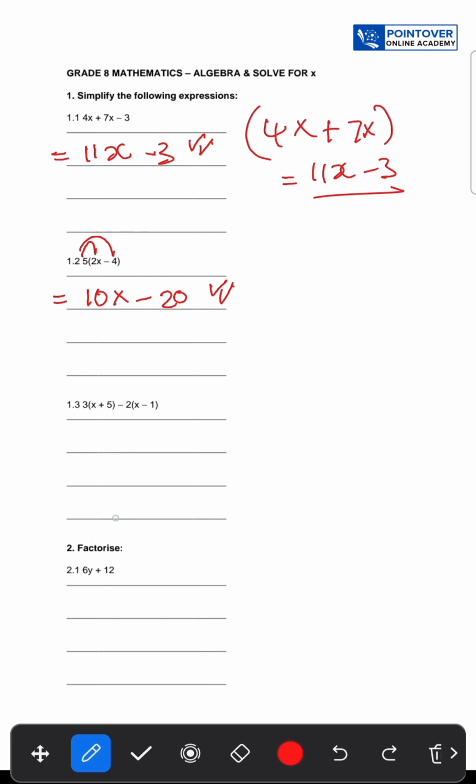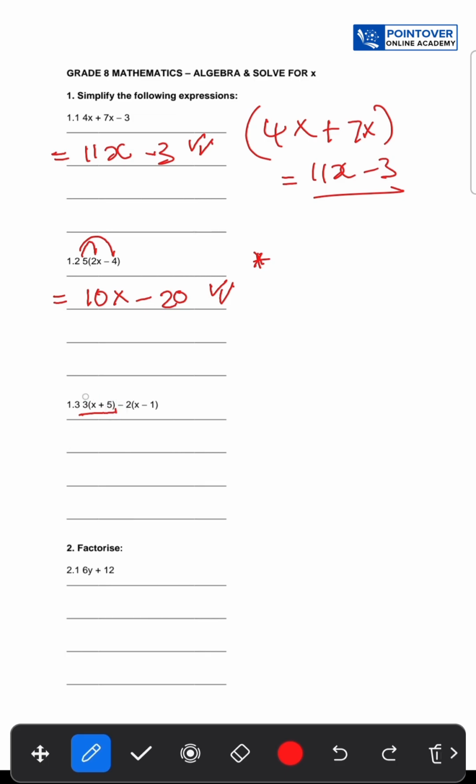Let's move to 1.3. So 1.3 is 3 open bracket x plus 5 close bracket minus 2 open bracket x minus 1. All right, still the very same thing that we did on 1.2, but now we have more variables and numbers. So we're going to start with 3 open bracket x plus 5.